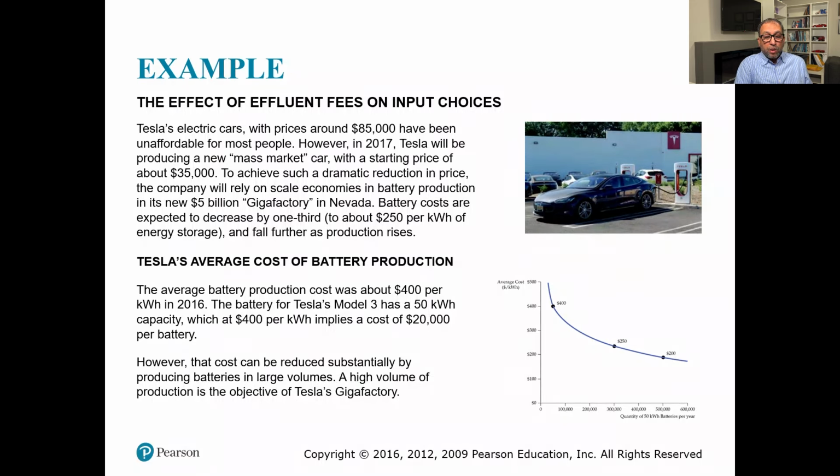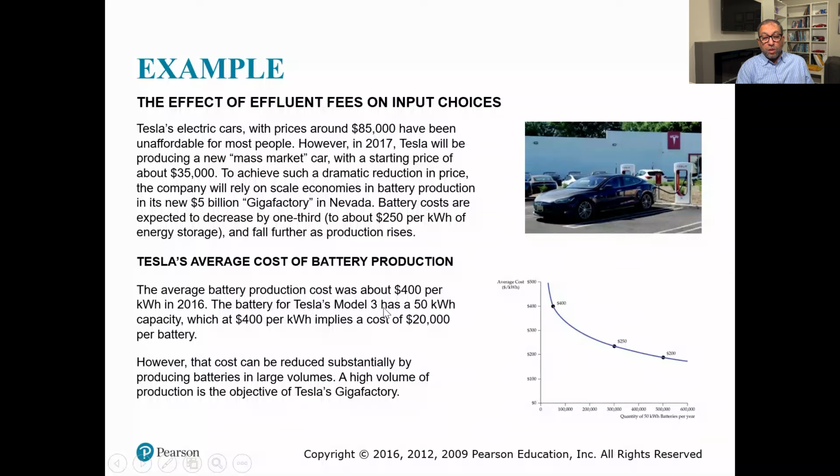Battery costs are expected to decrease by one third to about 250 per kilowatt hour of energy storage, and fall further as production rises. Here we see the average total cost curve of Tesla battery production. The average battery production cost was about $400 per kilowatt hour in 2016.